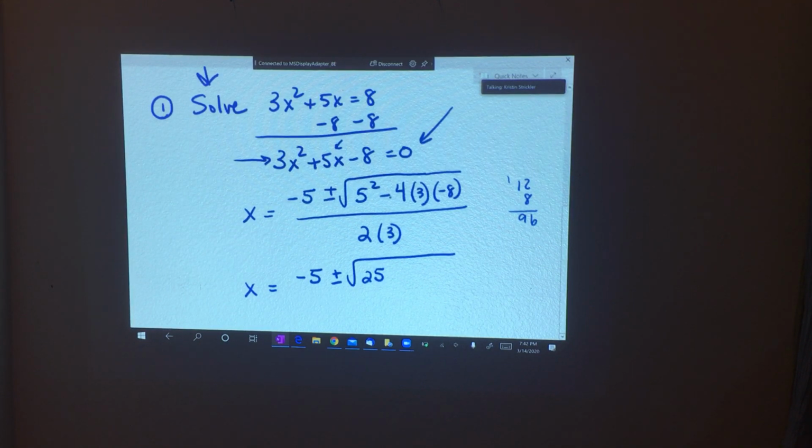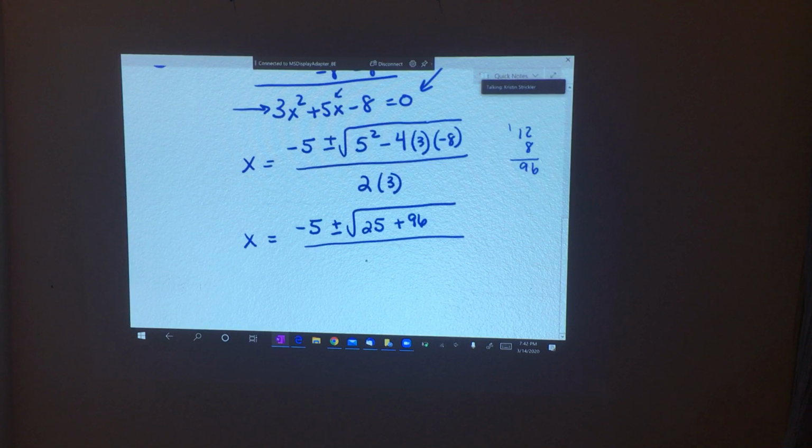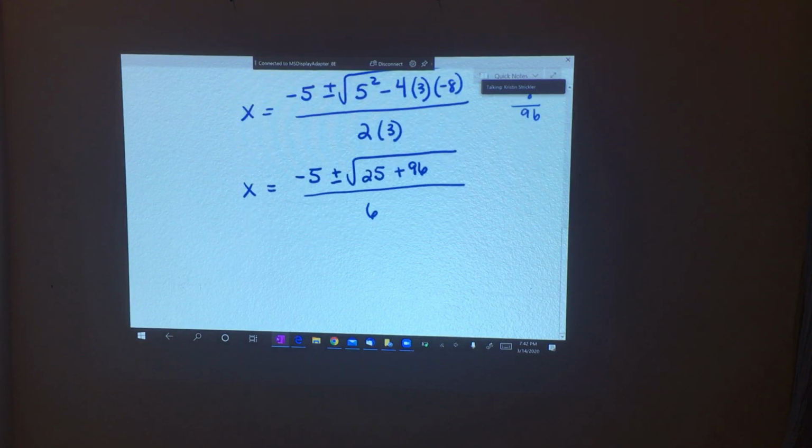Okay, so I have a negative times a negative, so that becomes positive 96 over 6. Looks like a lot of writing, just keep going with it because it's going to produce the answer.